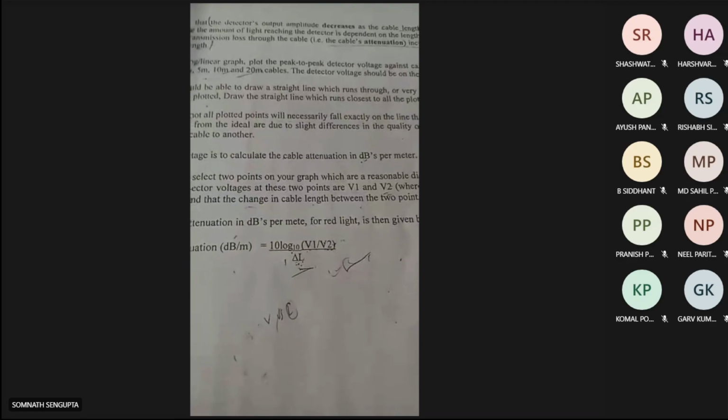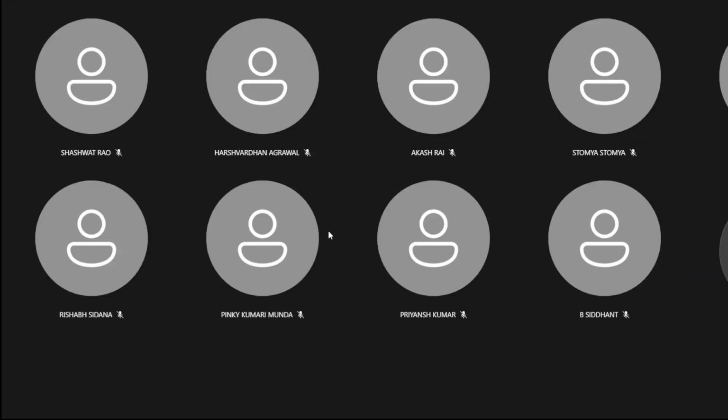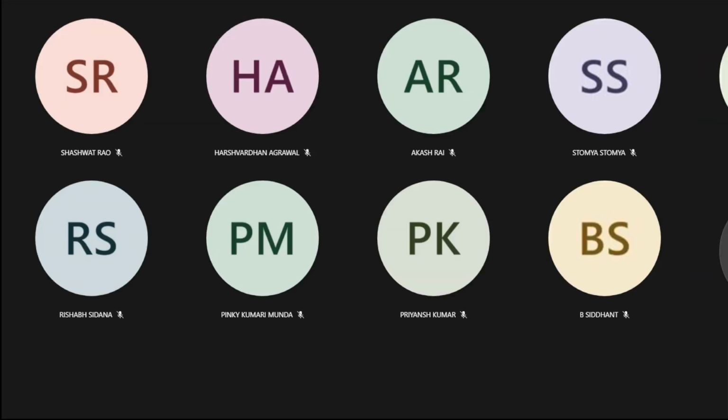Yes, this formula you see: cable attenuation in dB per meter.